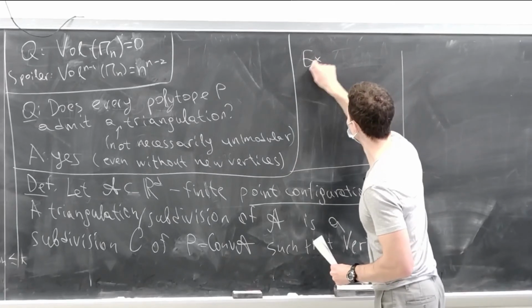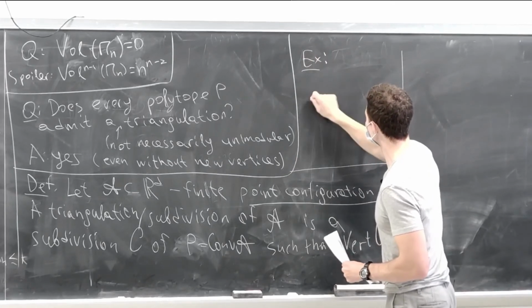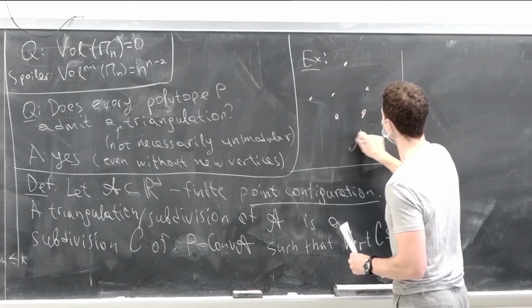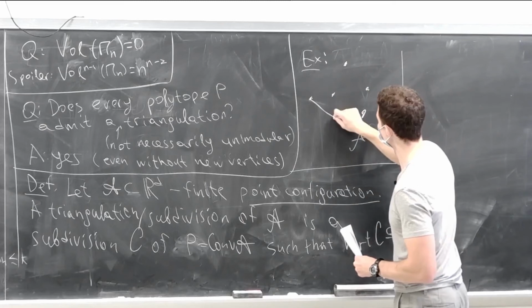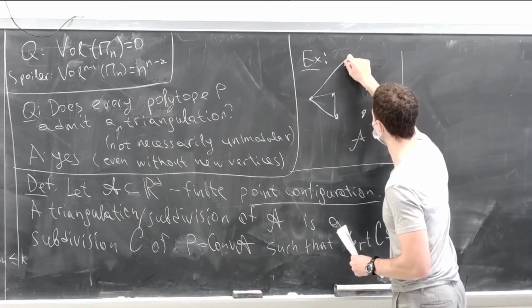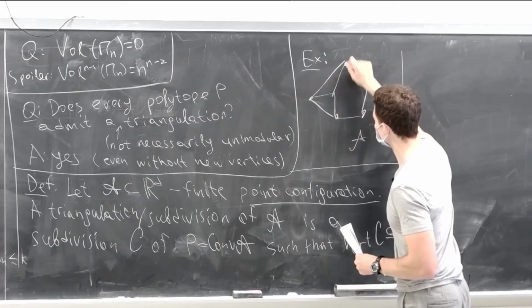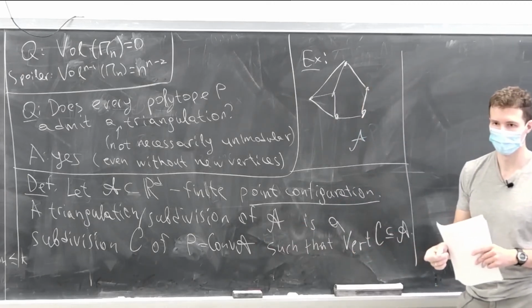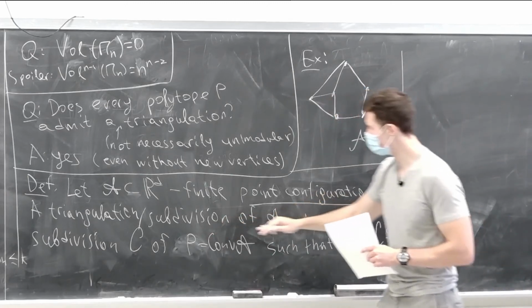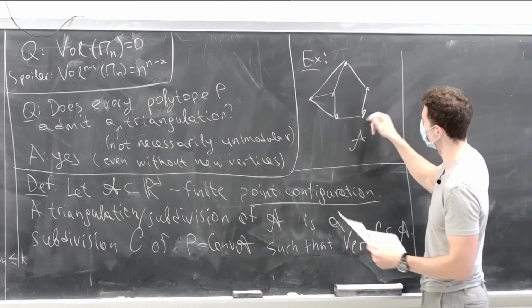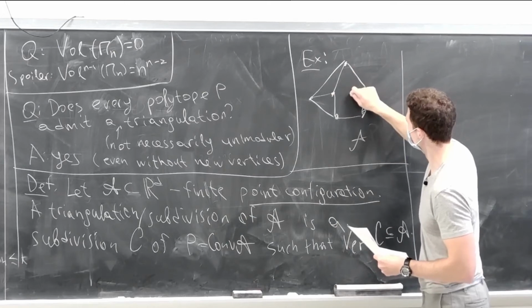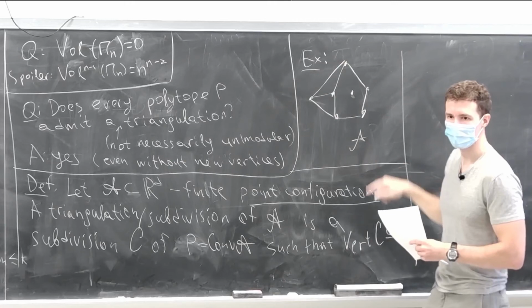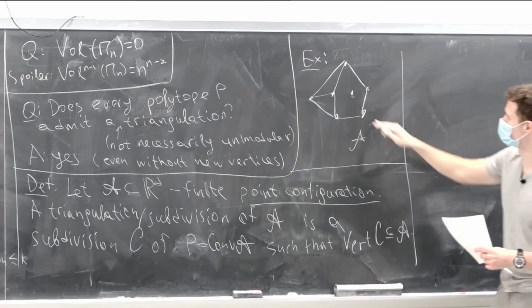An example is if you give me a bunch of points, maybe this is A, then I can come up with a subdivision. Every element of the subdivision has to be a polytope. I want to subdivide the convex hull of A into convex polytopes, but A also has this vertex, which I don't use. I'm allowed to not use some of the interior points of A.